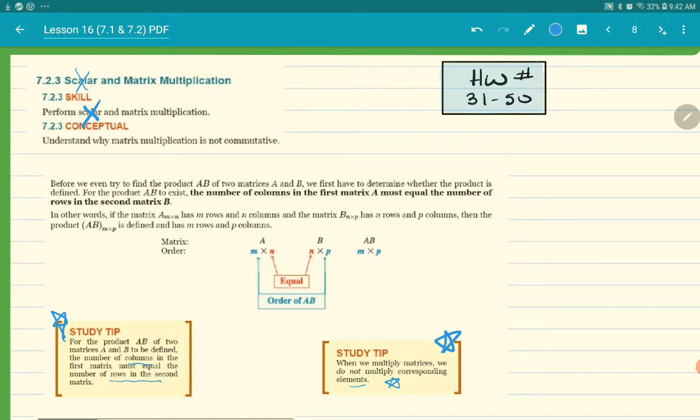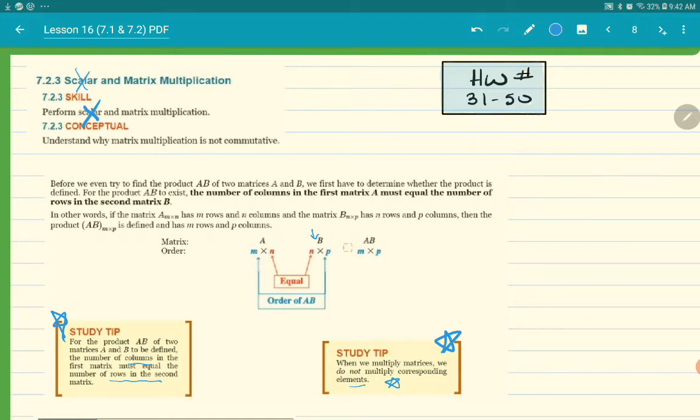So if I have an A that is m by n and B that is n by p, then I have to check that those inside values are equal. So the columns of the first one are equal to the rows of the second one.